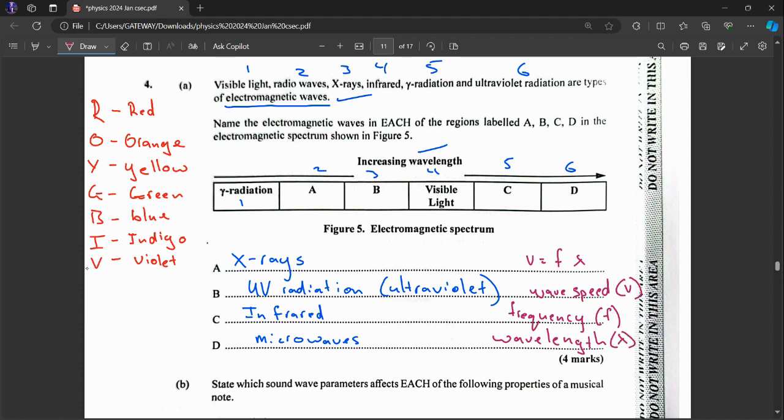Very important formula to note. So if we make f the subject of the formula, we're going to have f = v over λ. That is the wave speed divided by the wavelength.